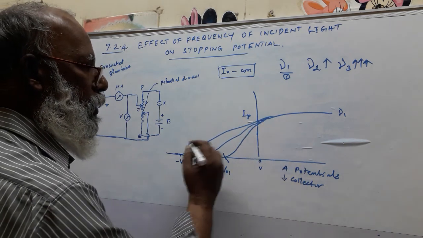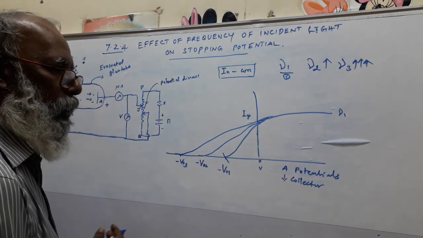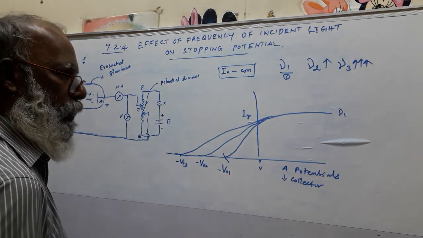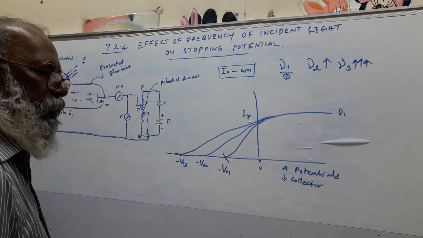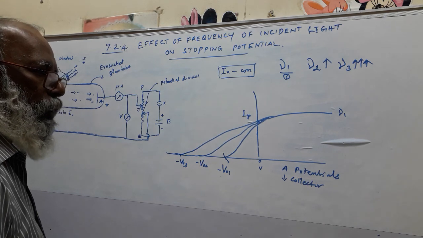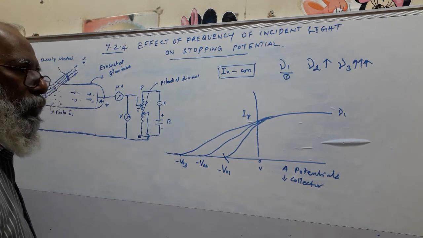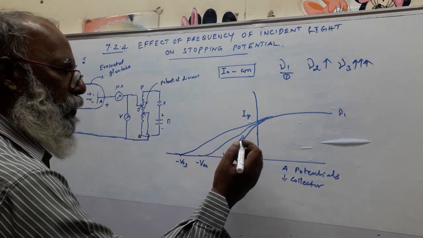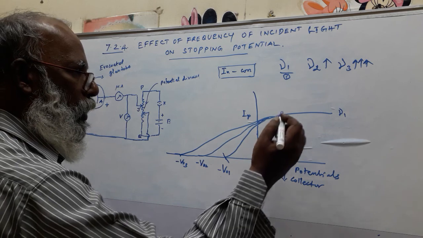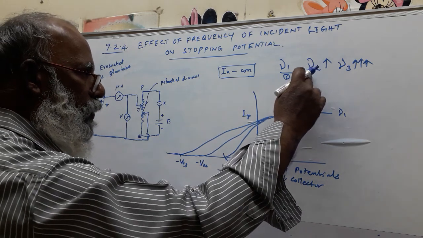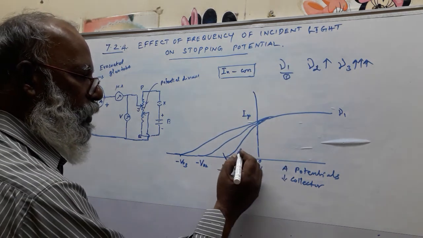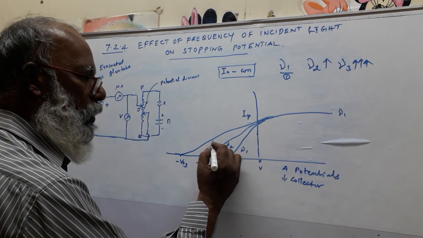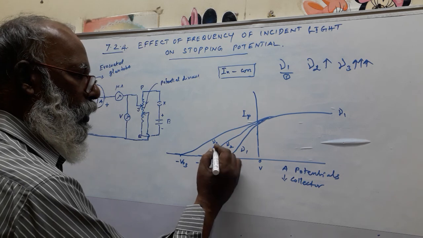Here, in this result of the graph between the current and the stopping voltage, what we observed is that if the incident ray frequency is increased, this one is called nu1, this one is called nu2, and this one is called nu3.